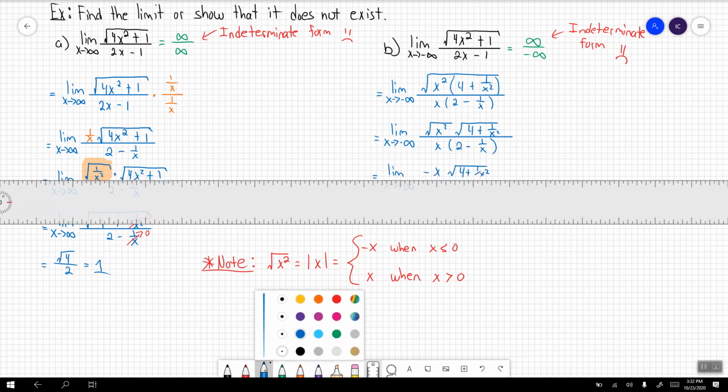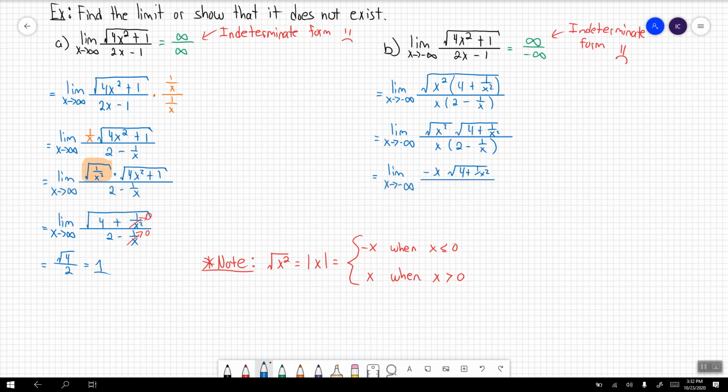All right, and so again, this is what we then get here. And notice that the x values are then going to cancel, and they're going to leave a negative 1.